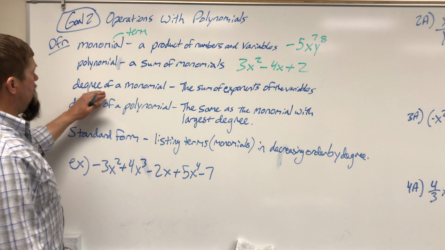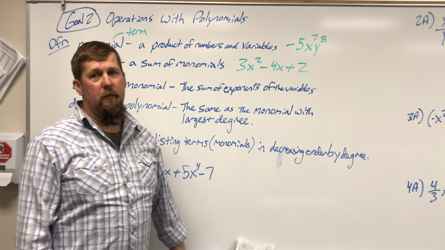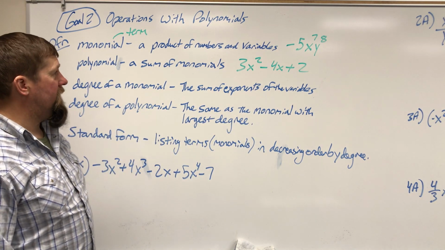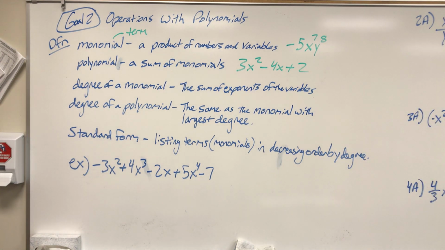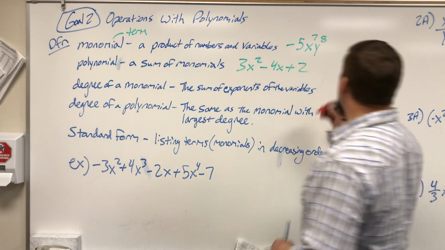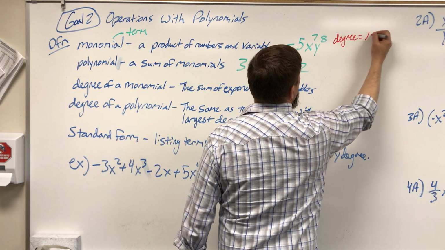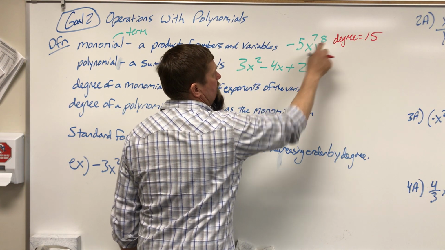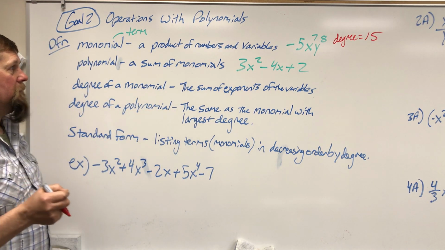All right, the degree of a monomial. The degree of a monomial is the sum of the exponents of the variables. Okay, so for example, in the first one we have here, the degree of this is 15 because it's a 7 plus 8. You add the exponents in each term.